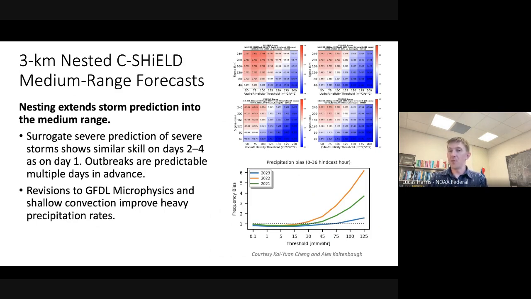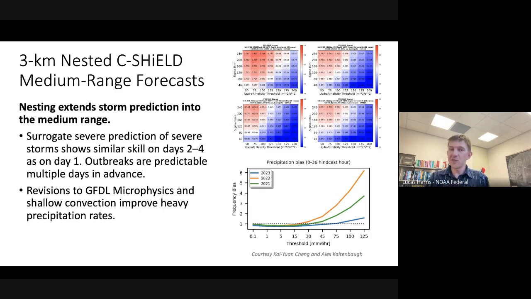So here up in the upper right-hand panel, we have the surrogate severe grids. The brightest colors represent the highest fraction skill score for a combination of day 1, day 2, day 3, and day 4 as a function of the updraft velocity threshold and the smoothing radius. You can see the highest predictions for a threshold of 75 meters squared per second squared and a relatively large smoothing radius as usual.